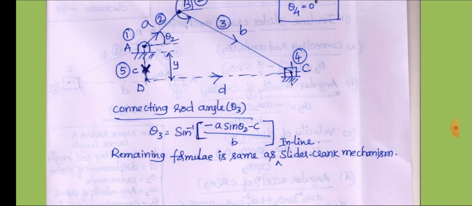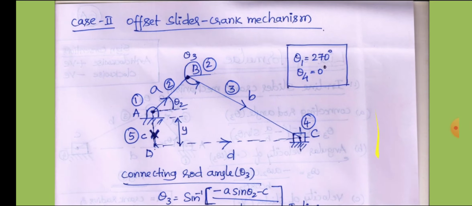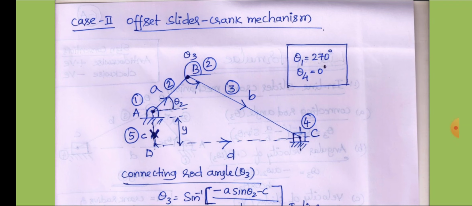Theta 2 is the crank angle, which will also be given, and c is nothing but the eccentricity, which is equal to y, small y, divided by b, the connecting rod length. So using this formula, you can calculate theta 3 whenever the offset slider crank mechanism has angle of link 1, theta 1, equal to 270 and angle of link 4, the slider, theta 4, equal to 0.